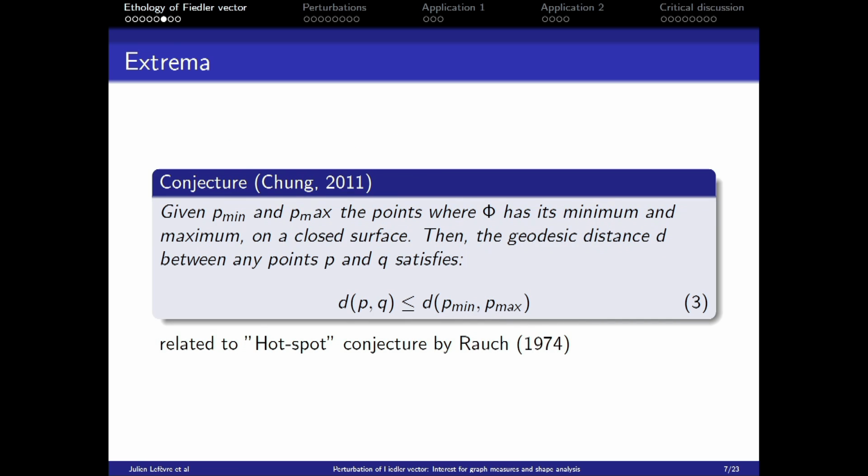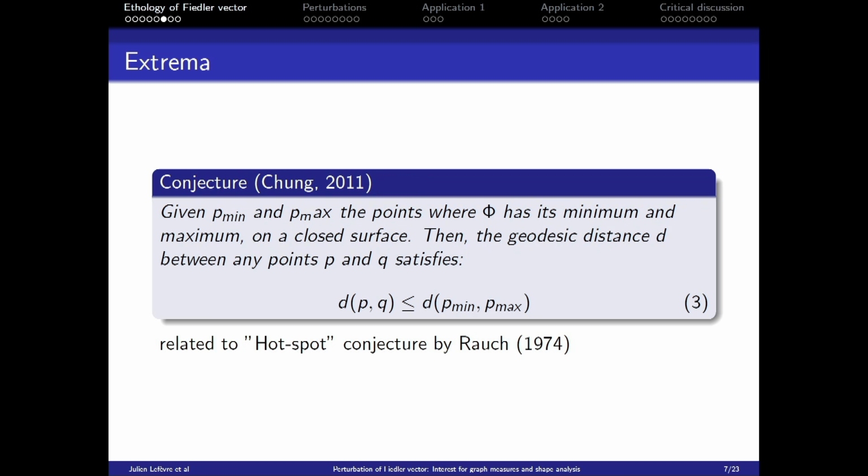The conjecture tells you that the geodesic distance between any points on the surface or on the graph is always bounded by the distance between the two extremal points. Said differently, the two extremal points are on the diameter of the shape. There is a nice link, but I have no time to explain it; maybe in the questions.